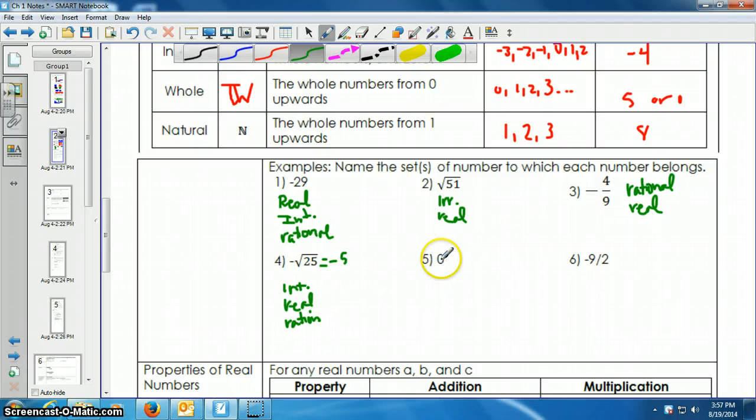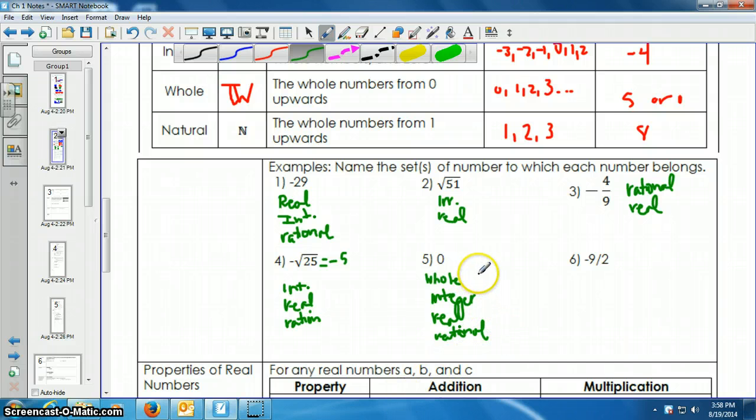Try that next one on your own, 0. If you need to, look at the box above and then write all of the sets it belongs to. And double check your answer when you're ready.